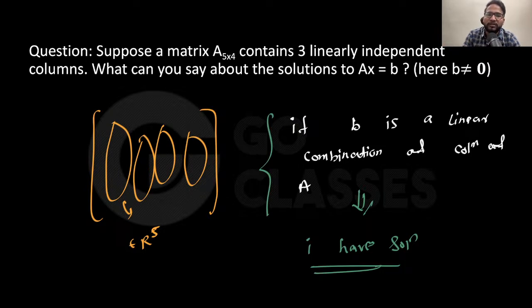Let me know if you have understood this clearly or there is some confusion. Okay. So there might be some vector which is not a linear combination of columns of A, and then you will not have a solution, right?